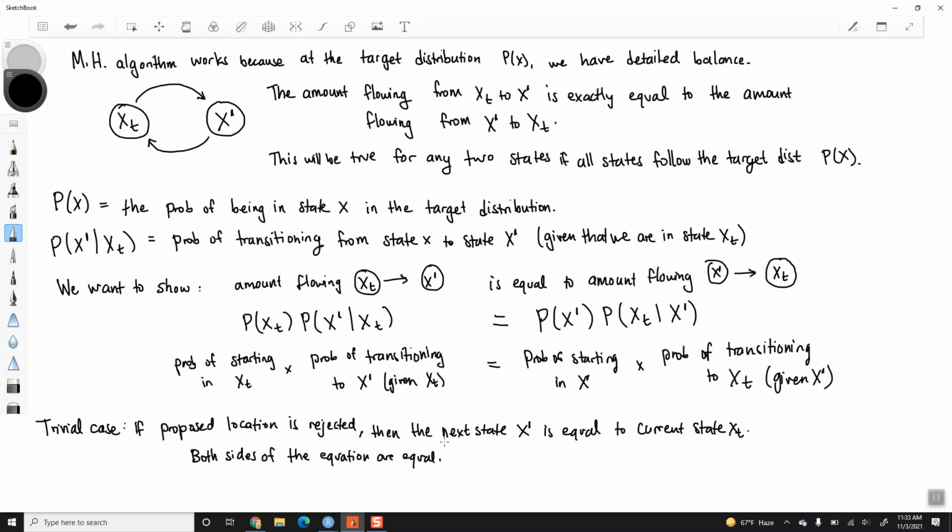But really what we want to see is, if there is stuff flowing from say state xt to x prime, right? The proposed location is somewhere different, and we end up going there, we want to show that balance holds. All right, so I'm just going to draw a line here, and we want to show that these two sides are equal.